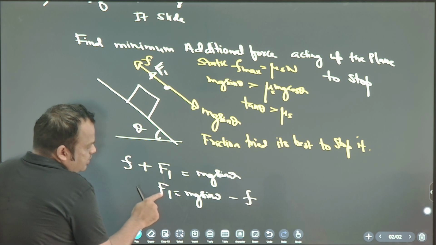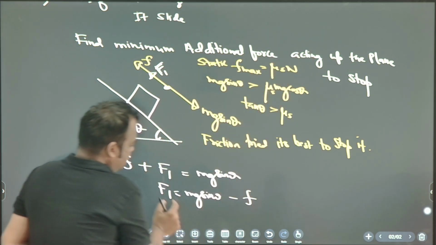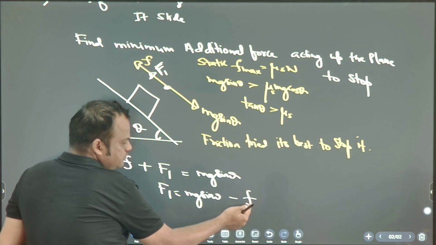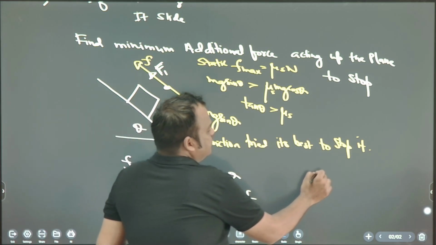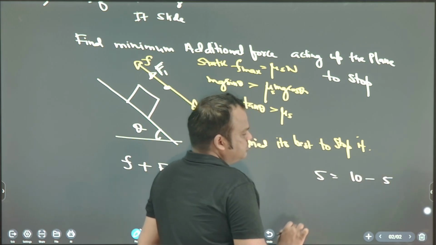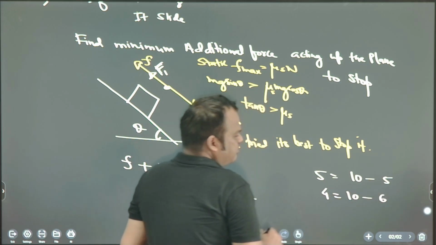When I want the minimum value of this additional force, it is minimum when friction is maximum. Like for example, 5 can be written as 10 minus 5, correct? 4 can be written as 10 minus 6.